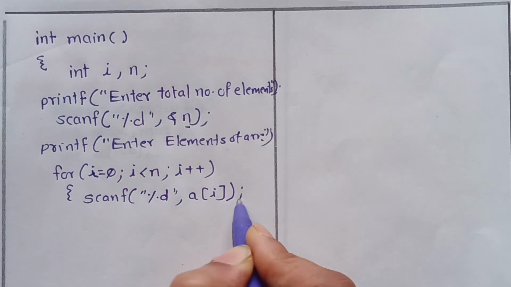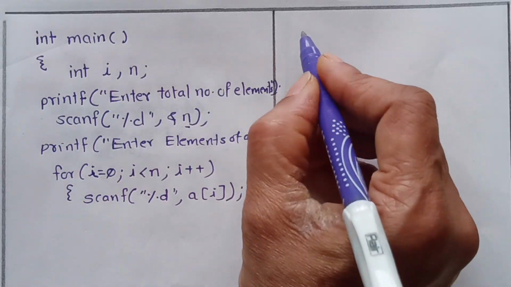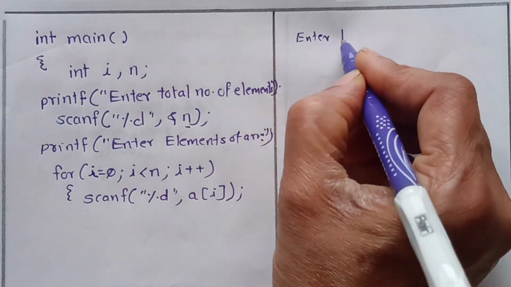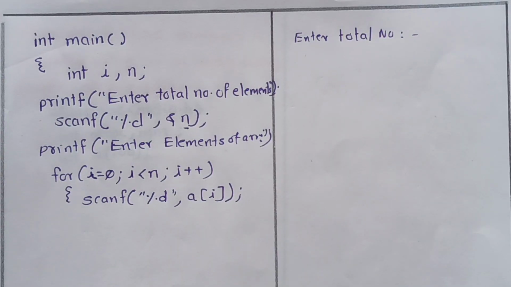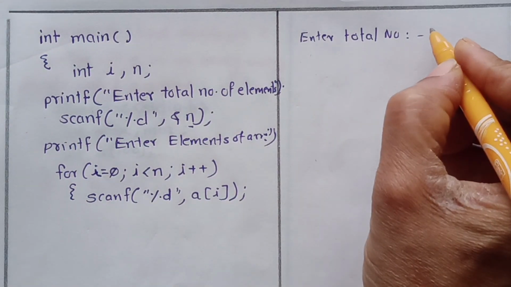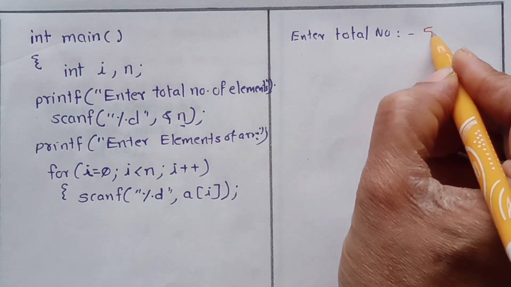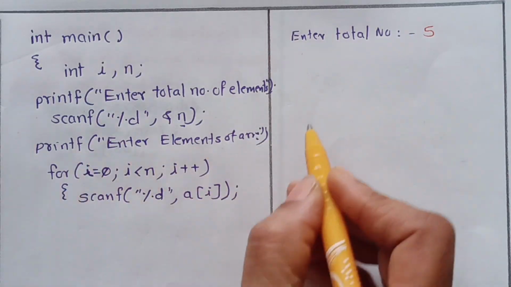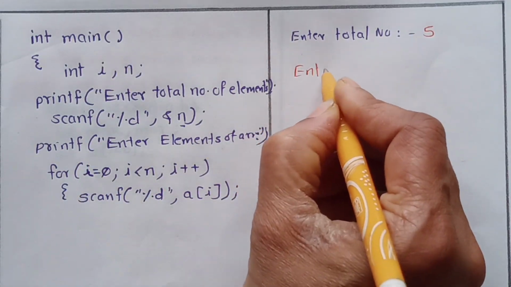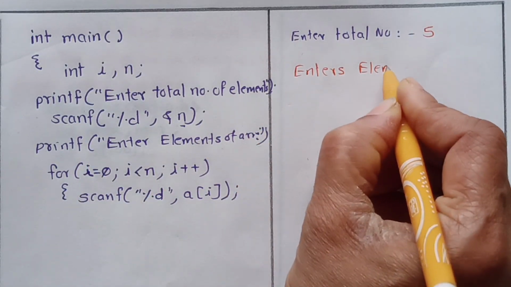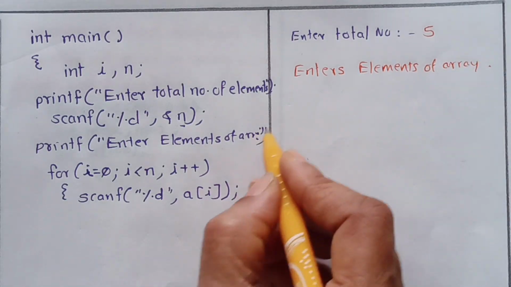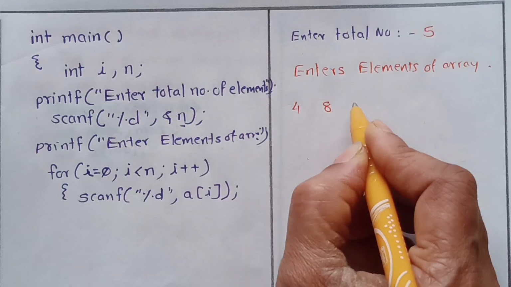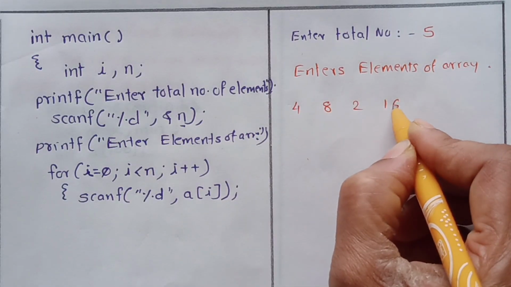array elements. Okay. Suppose here you enter the total number, how much are you entering? 5 elements. So enter elements of array. Suppose you are entering 4, 8, 2, 16 and 3.